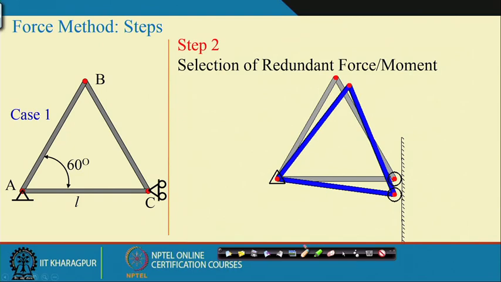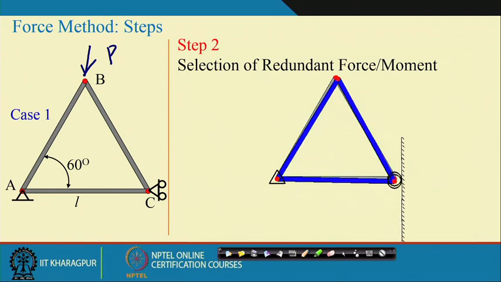Now, if it is subjected to some load P, then it may deform like this. The entire structure may collapse like this. So this is not a stable structure, and we cannot continue our analysis with case 1.